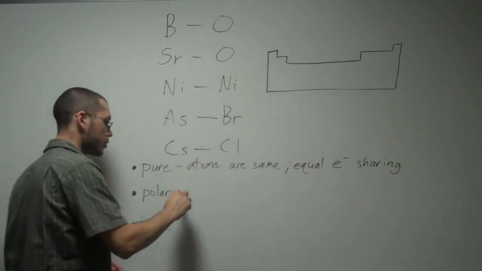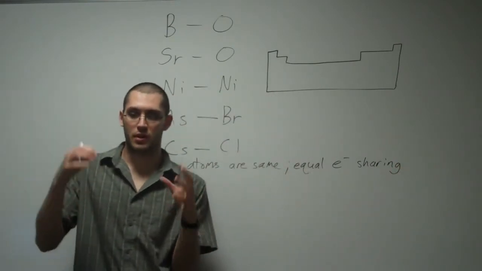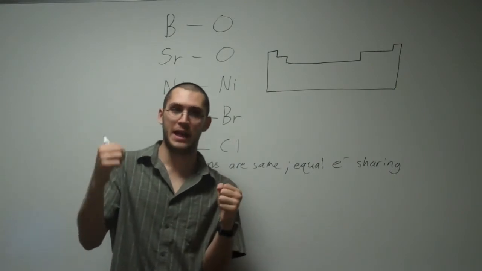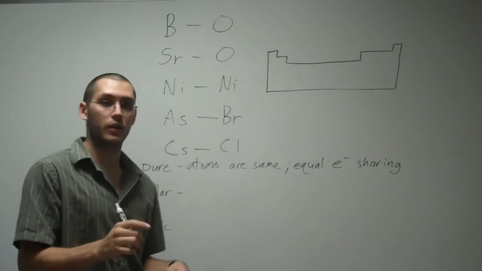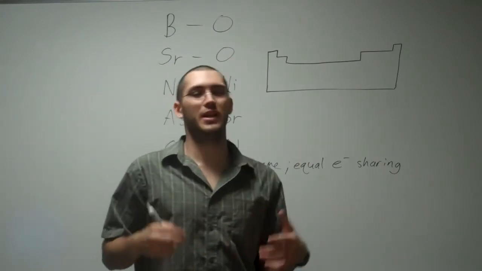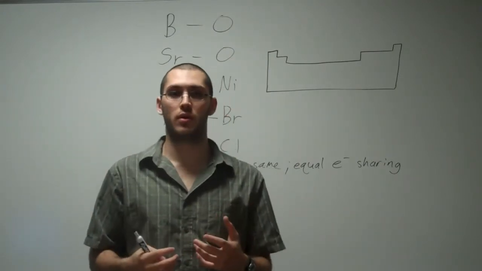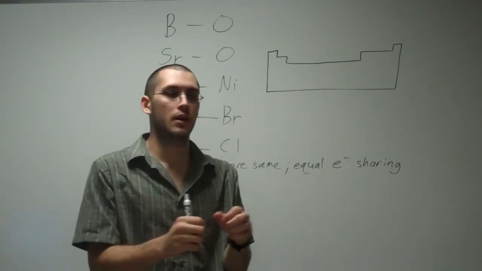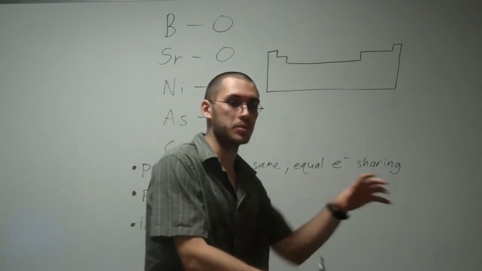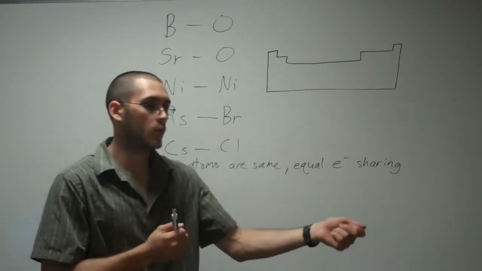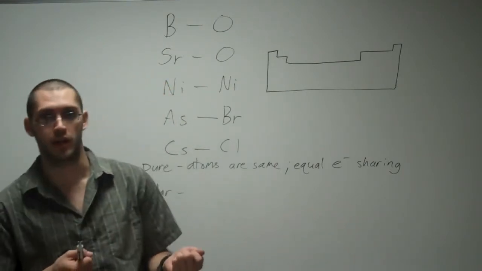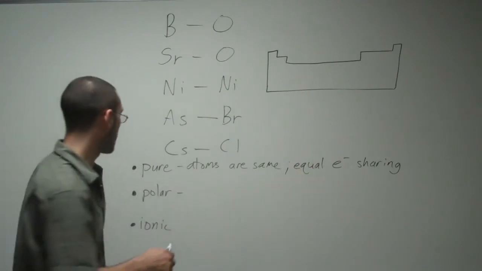A polar covalent bond is one in which one atom has more control over the electrons than another. But the bigger atom, the atom that has more control, not necessarily bigger in size, has not completely stripped away the electrons. It's more like a tug-of-war game where one team is starting to win, the other team is starting to lose.